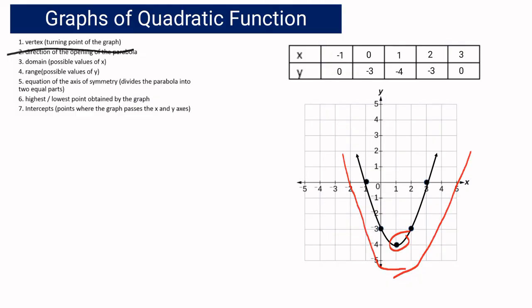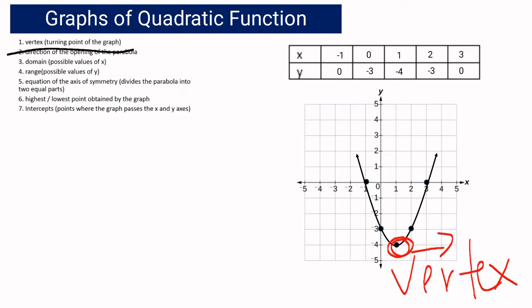So again, from here, it is downward. Then from here, it became upward. That is why we can say that this point is the turning point because this is where the direction of the graph changes. That is why this is our vertex.